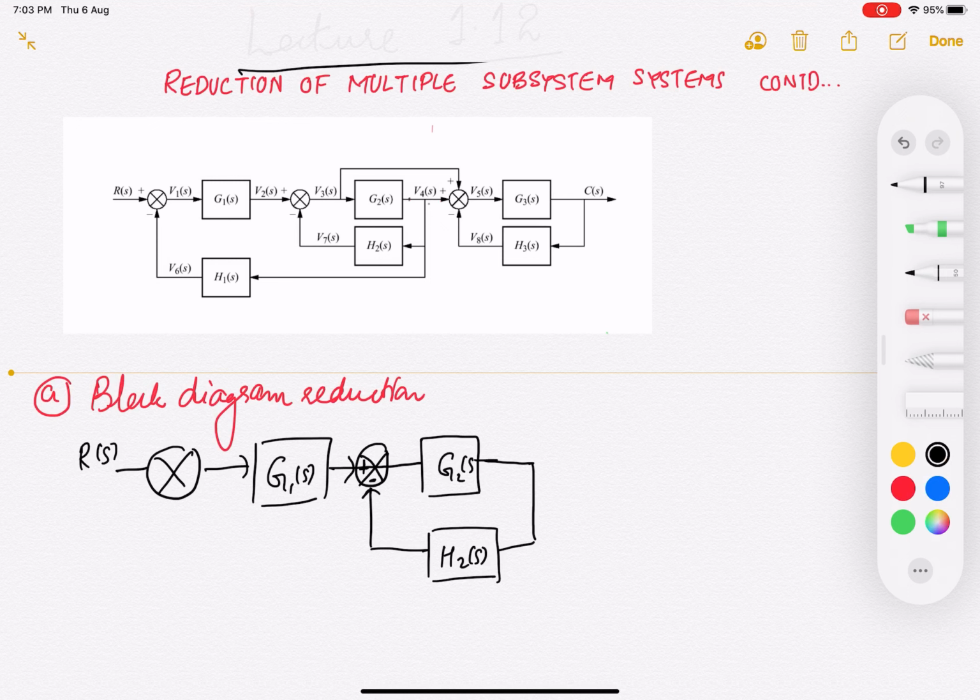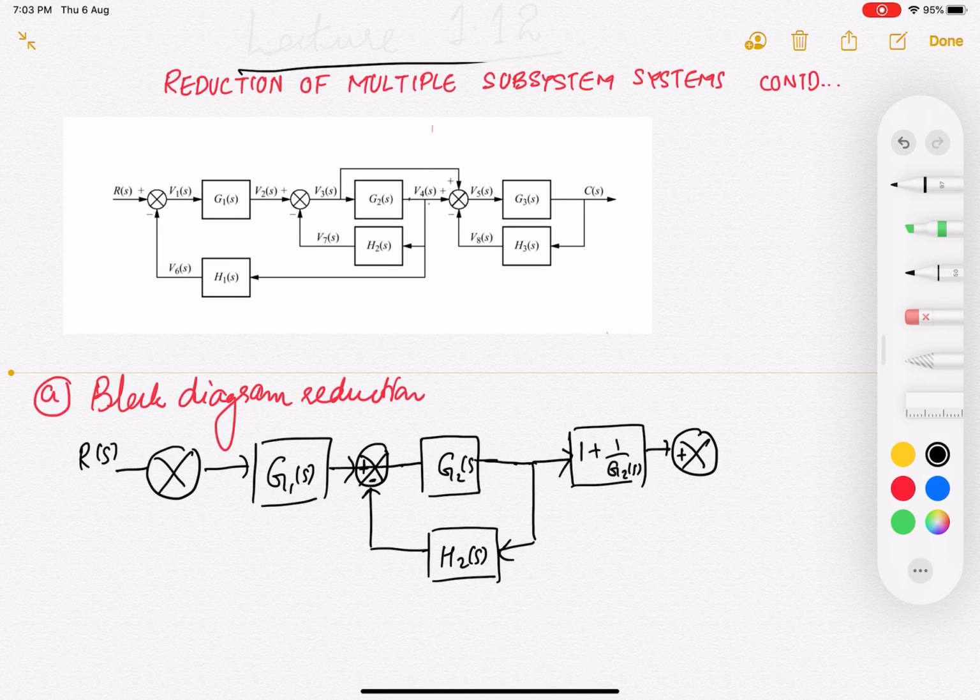Since we had picked up the signal from here instead of there, we were getting 1 plus 1 by G2(s) at this point, and we were then adding it to the summing junction that we have here.